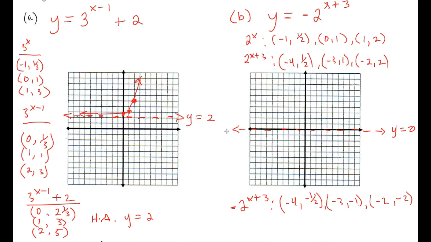And so now what we're going to do is plot these points, understanding that the profile of our graph, since we know it's an exponential function that goes up like this, but is being reflected about the x-axis, so now it has to go down like that, and it's going to be below the horizontal asymptote.